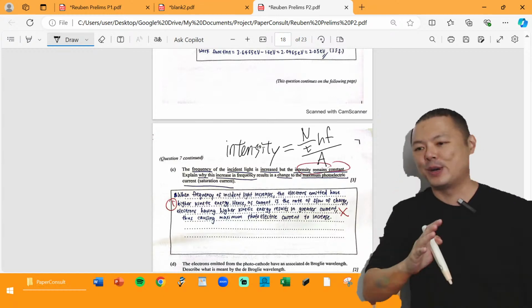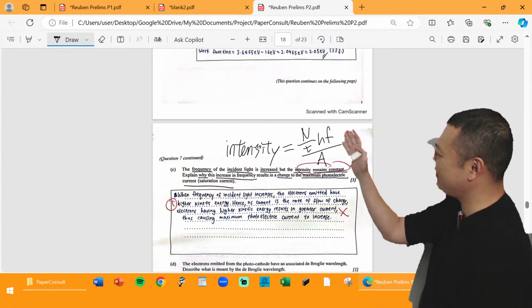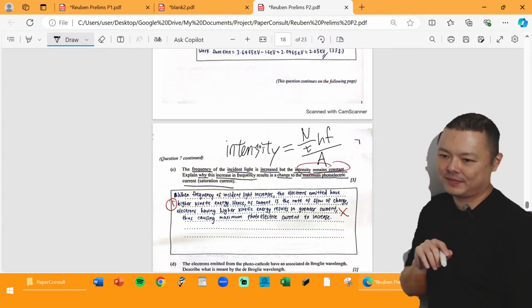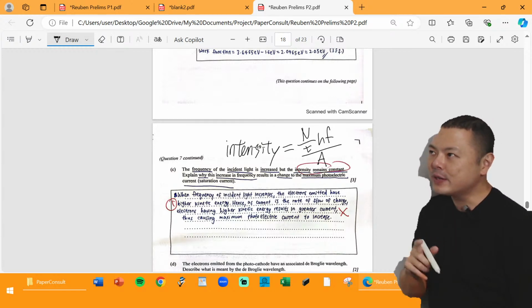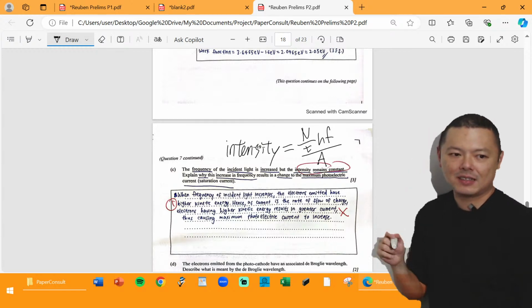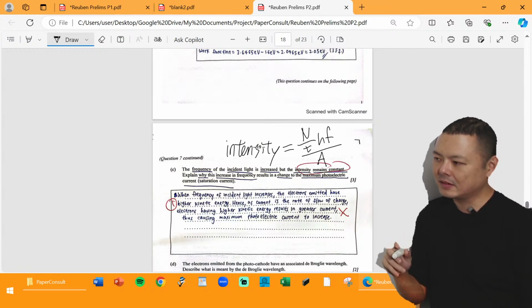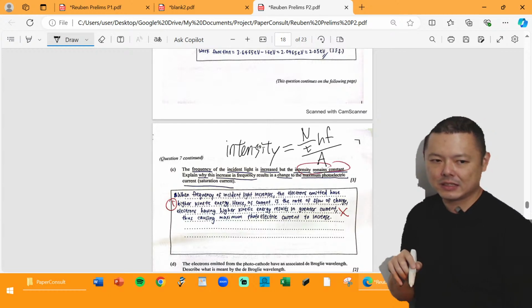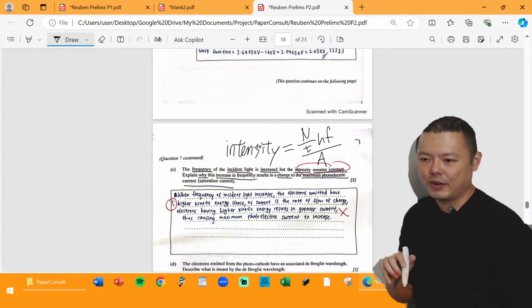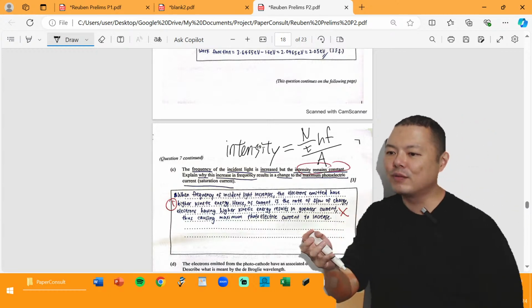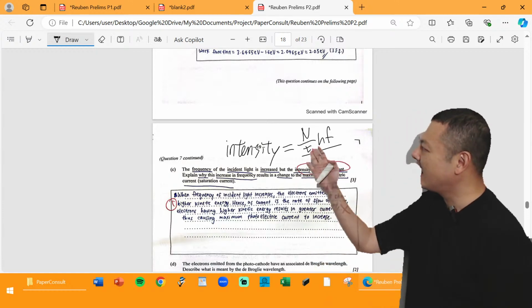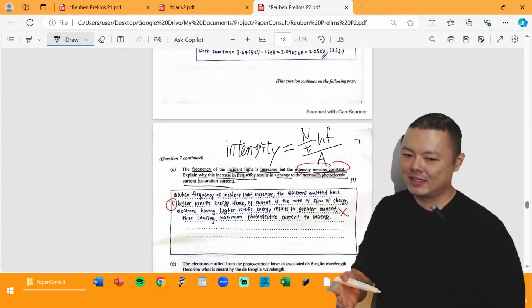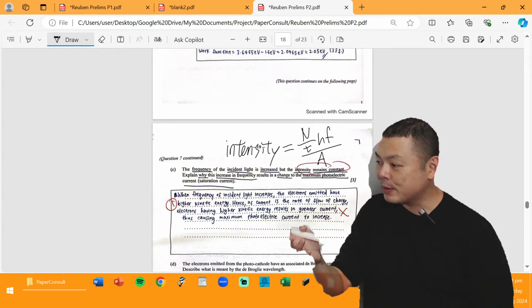Rate of photons. What is f? Frequency. Frequency refers to what? Refers to the color of the light. N over T refers to how many photons per unit time, right?